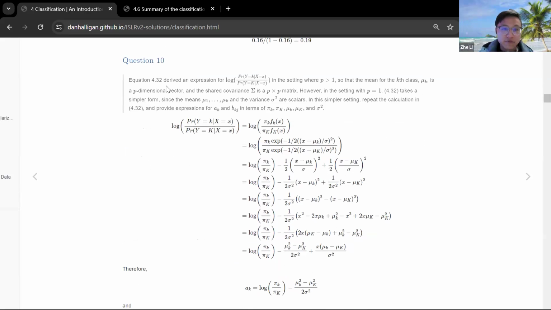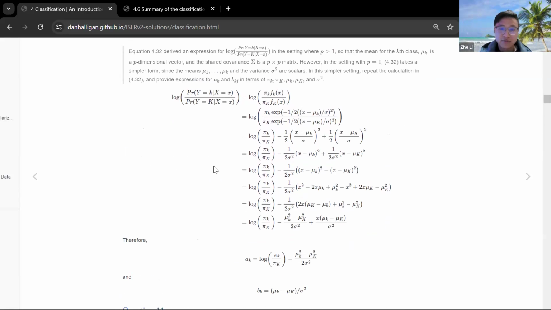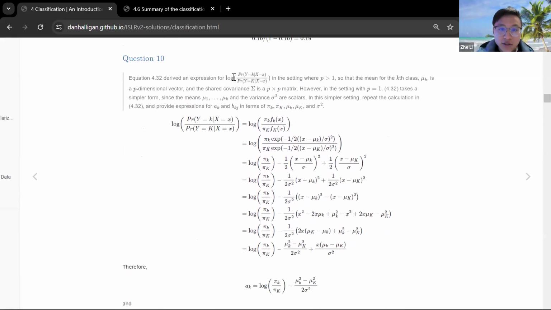And question 10 is a bit more involved. It asks us to derive an expression for the log odds, comparing the case we're interested in with the baseline case. In the case where p is greater than 1, it is a multiple-predictor case, and the mean for each class, mu k, is a p-dimensional vector.